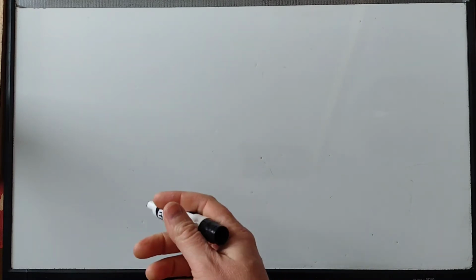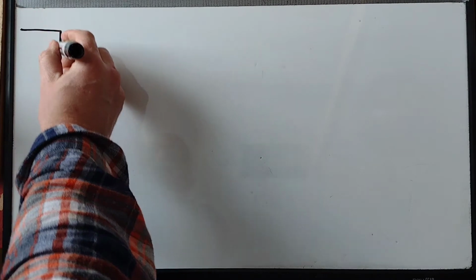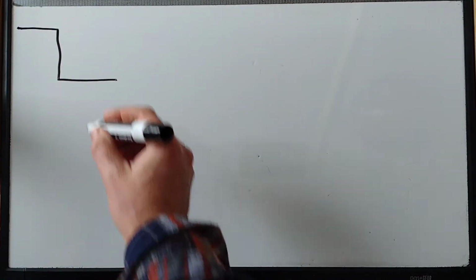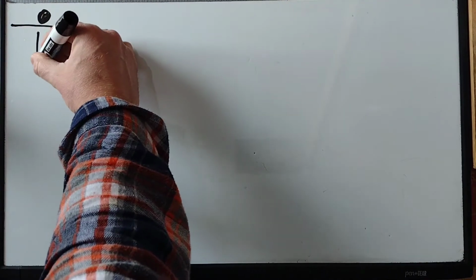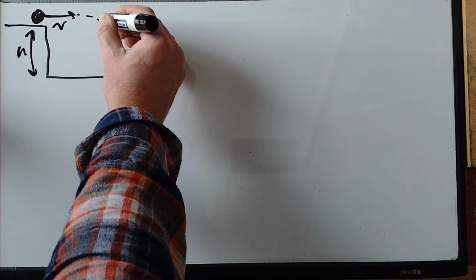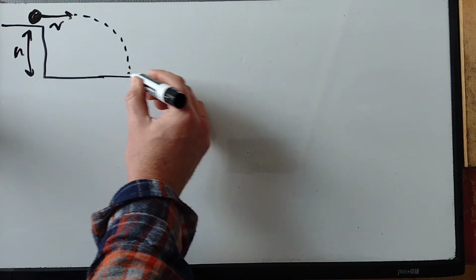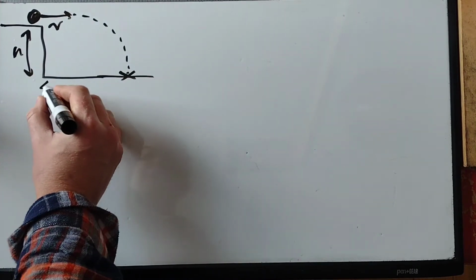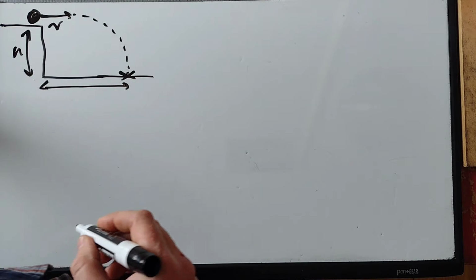So, the whole thing here is we're going to have an object launched off of some height, right, at some initial speed. We're going to figure out where it's going to land, right? How far it's going to land.